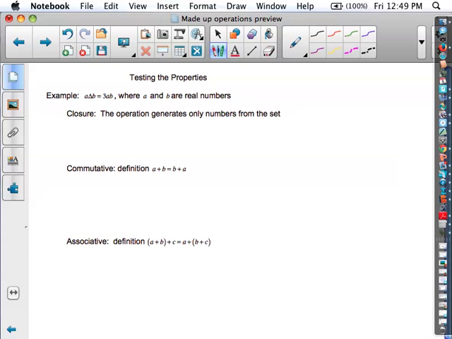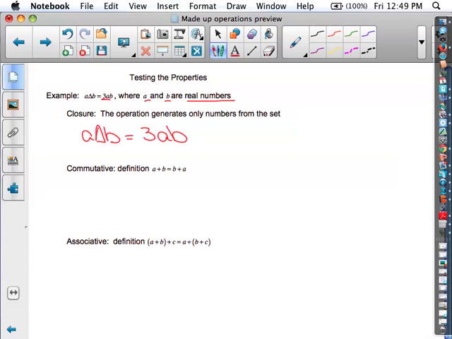So when I look at this, I have A delta B equals 3 times A times B, and A and B are real numbers. I know that 3 is a real number, so therefore, I'm dealing with all real numbers.